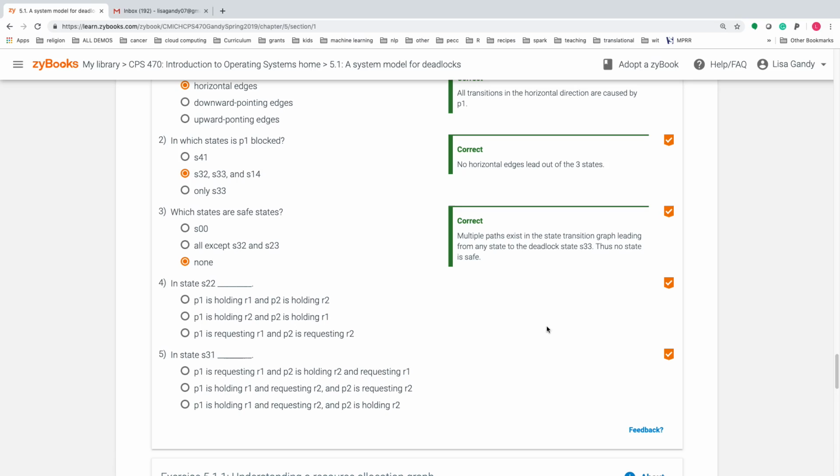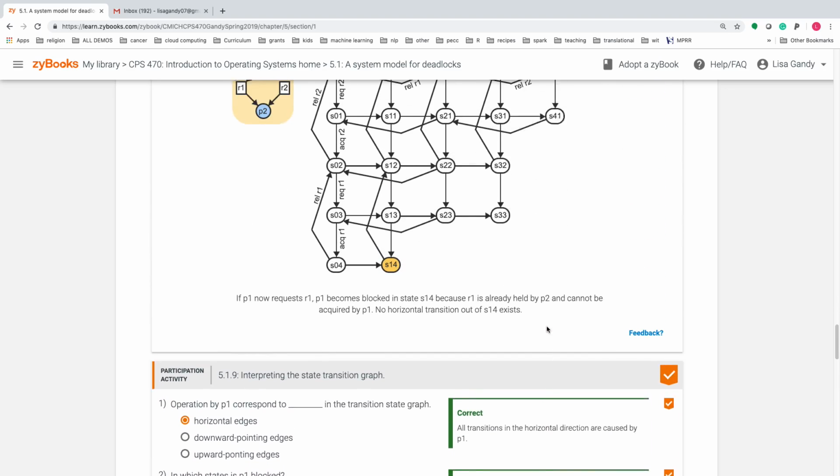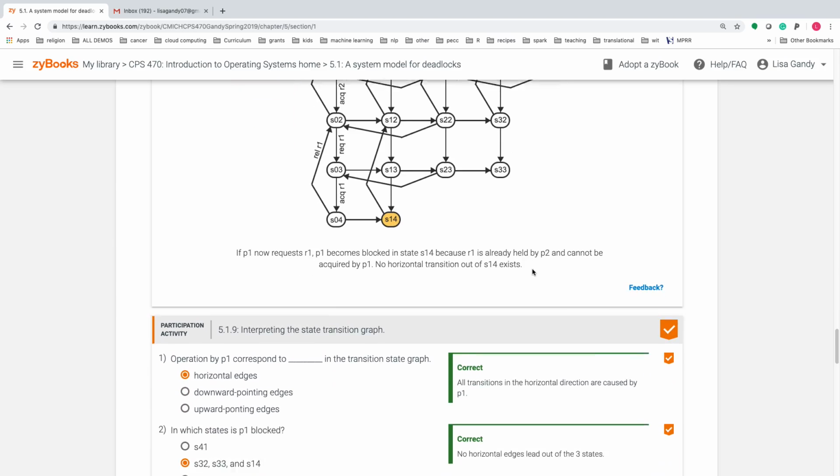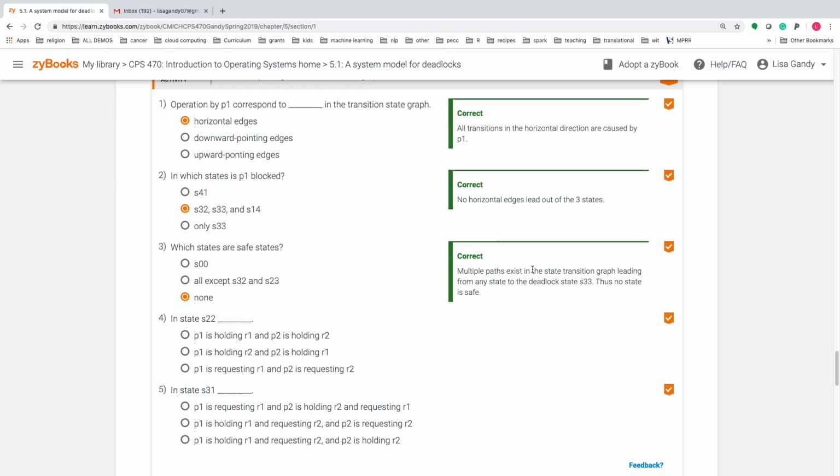State 22. This one's just making sure we can read this graph. So what's happening in state 22? P1 has R1, and then what else? P2 has R2.